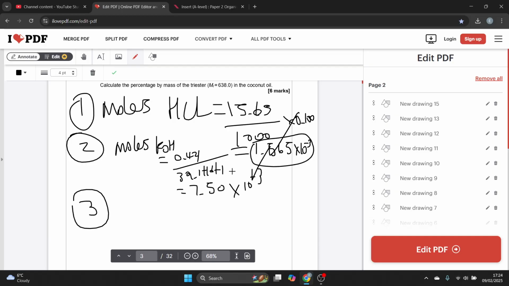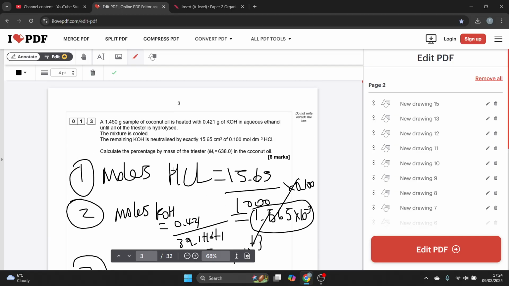Then I'm going to have to use a bit of brain power, because I know that the initial amount of potassium hydroxide is, sorry, 7.50 times 10 to the power minus 3. And therefore, the amount of potassium hydroxide used is, well, I know the remaining hydroxide is neutralized by this much HCl.